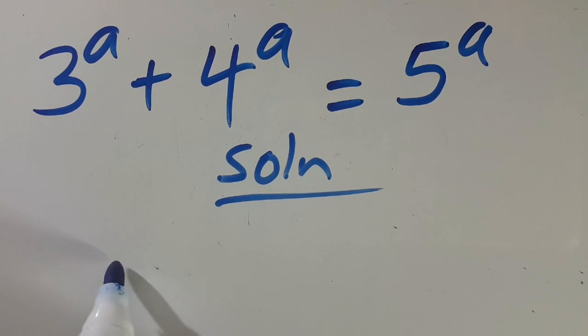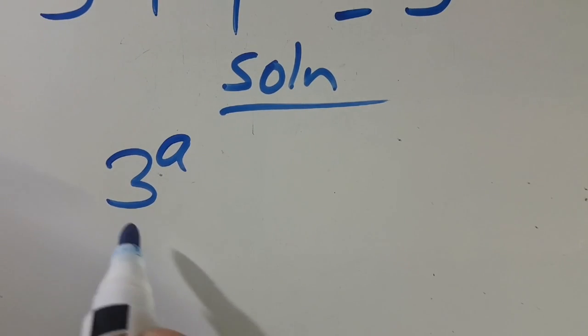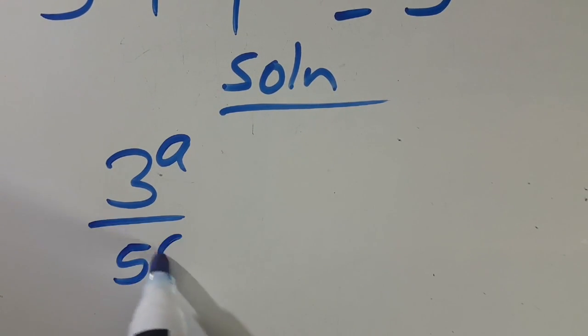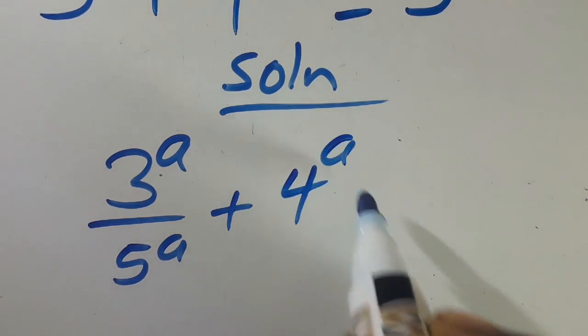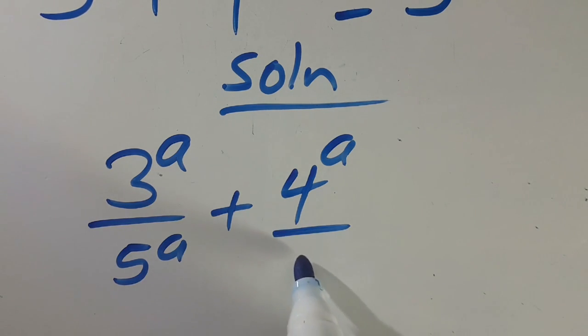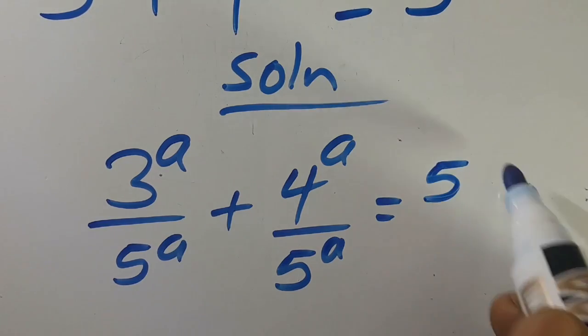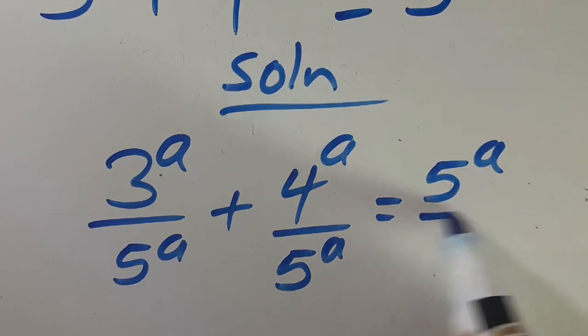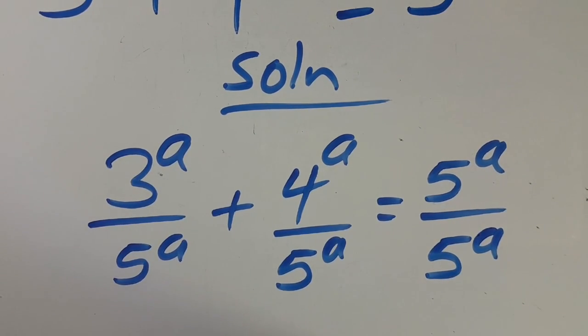So here will be 3 to the power of a divided by 5 to the power of a, plus 4 to the power of a divided by 5 to the power of a, equals 5 to the power of a divided by 5 to the power of a.